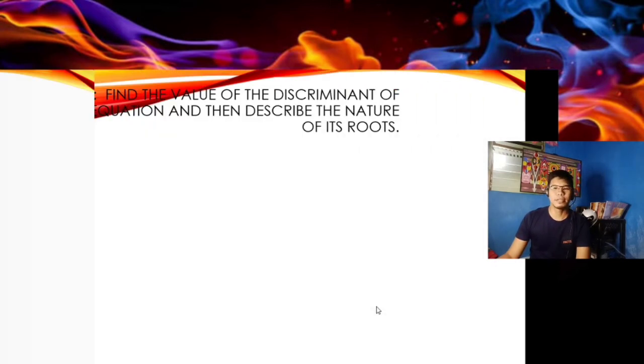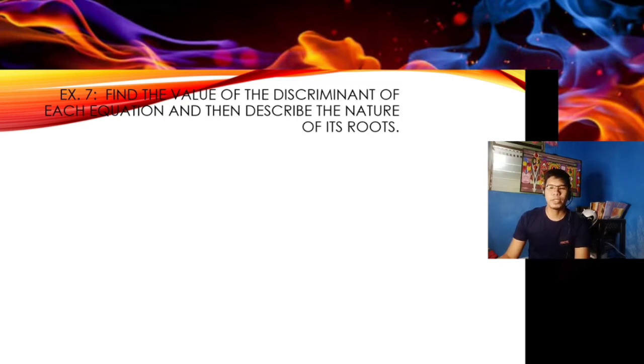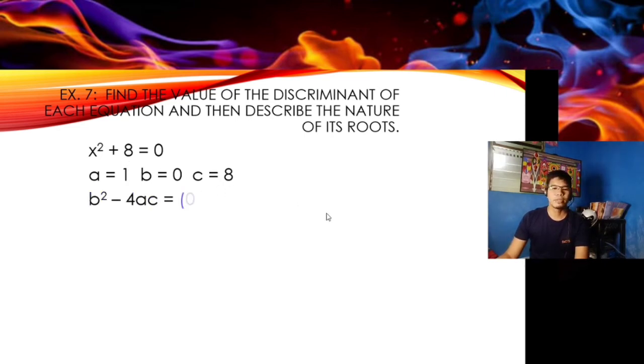Let's have another. Find the value of the discriminant of each equation and then describe the nature of its roots. So we have here x squared plus 8 equal to 0. We have a missing term here. So a is 1, b is 0 since the linear term is missing, and c is equal to 8, which is our constant term. So substitute into the discriminant b squared minus 4ac.